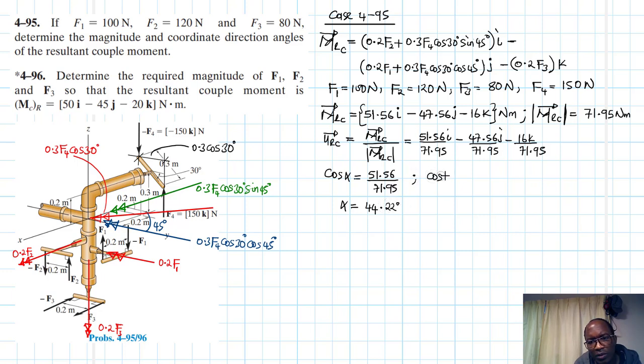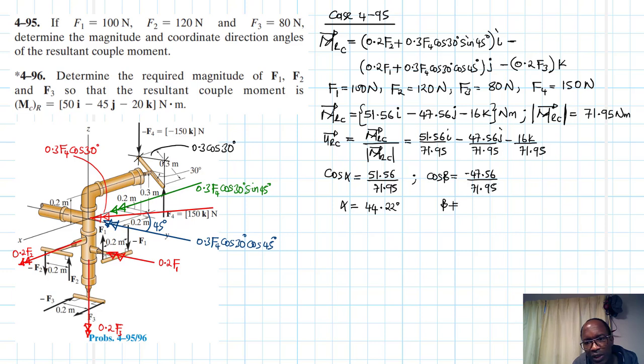Then cos beta is equal to minus 47.56 divided by 71.95.